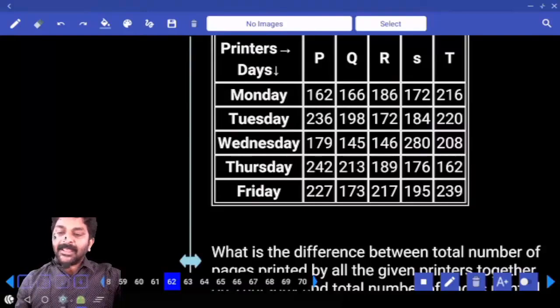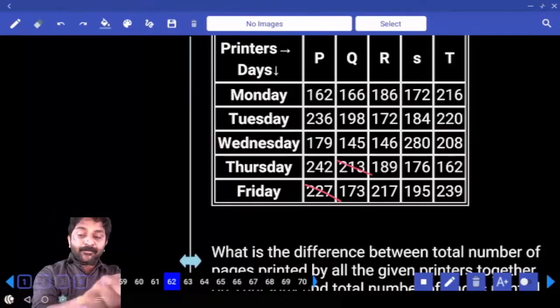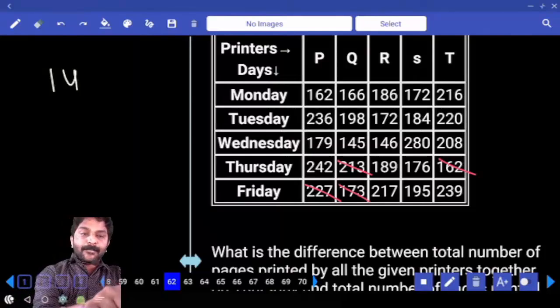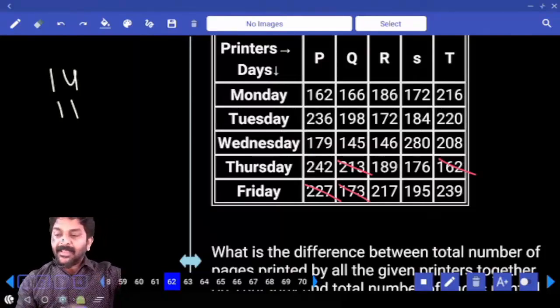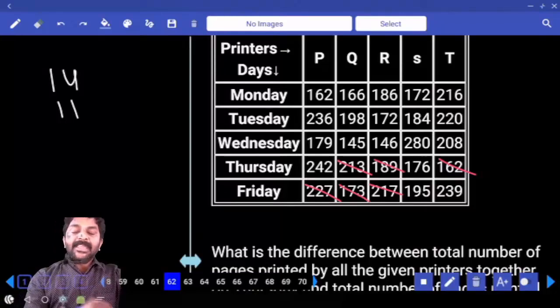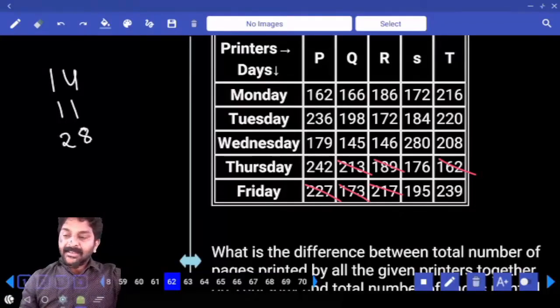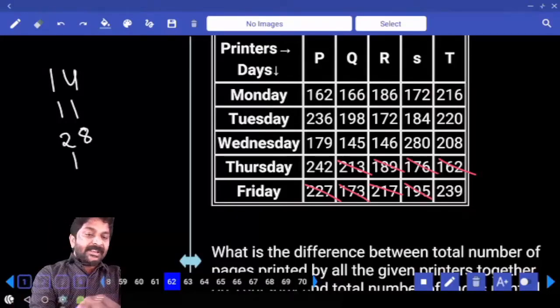Okay, matladali. 227 minus 213. Come on. 173 minus 162. Matladali. 11. Now I'll go with 217 minus 189. 28. Come on. How much is that? 28. Next. 195 minus 176. 19.